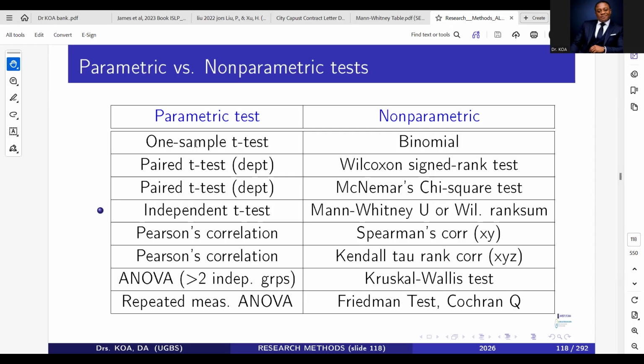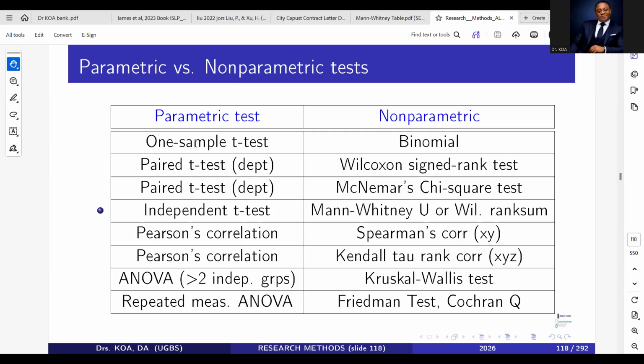Each one has its parametric version and its non-parametric version. So let's start with the first one. What is the parametric version for a dependent t-test?